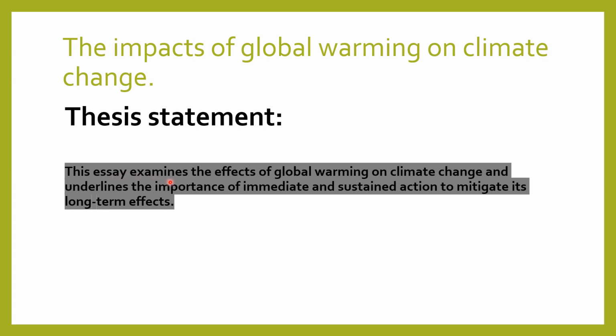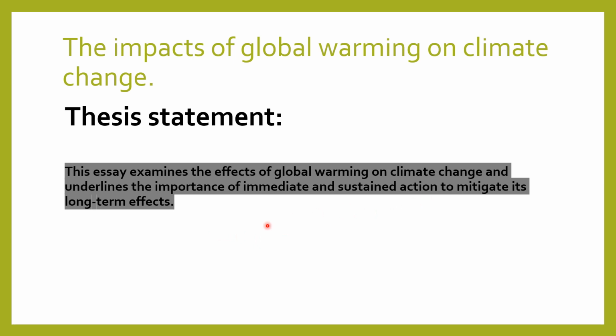It means that in your essay you're going to be examining the effects of global warming on climate change. Okay, and also underlines the importance, and then you will also be underlining why there should be immediate and sustained action to make these long-term effects less severe, or to mitigate the long-term effects.